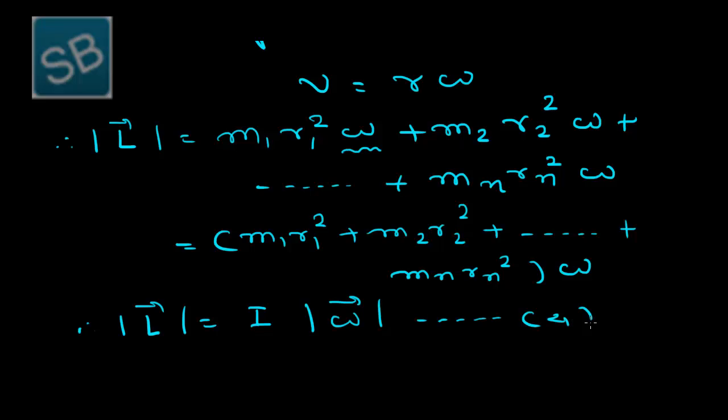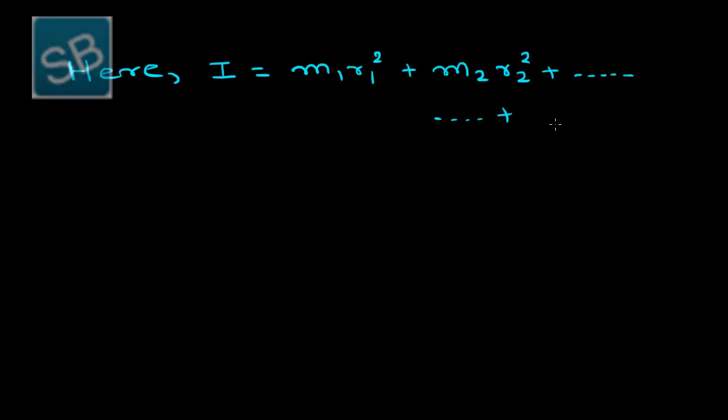And this is my equation number 4, where I equals m1 r1 square plus m2 r2 square plus so on up to mn rn square, that is equal to summation over i of mi ri square, where i stands for 1 to n.